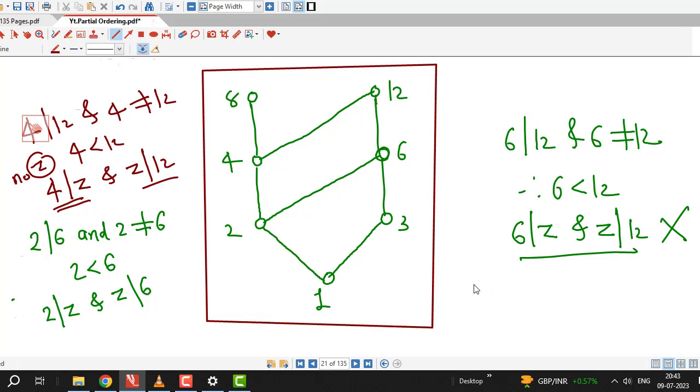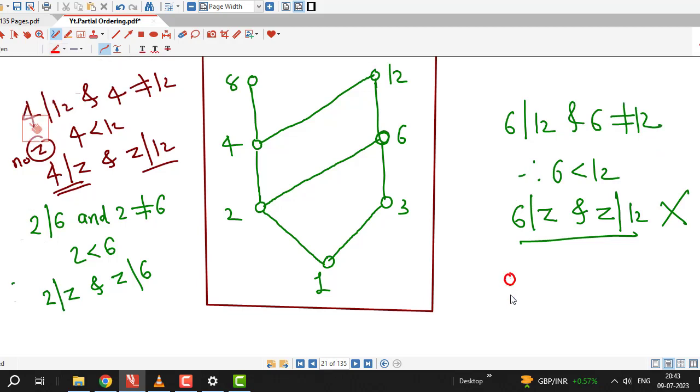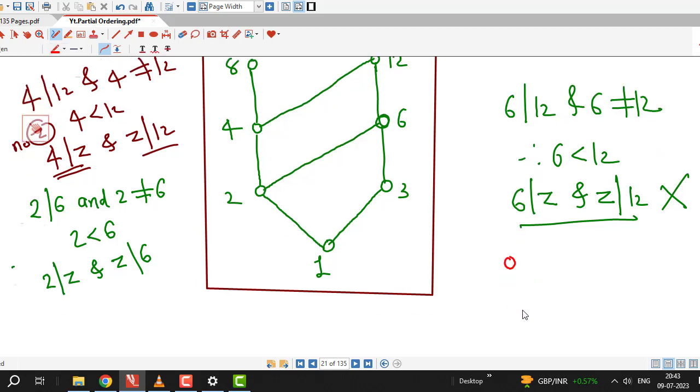So what we have to remember is that we have to draw the circles for every element of a given partially ordered set. Then we will consider the circle for x below the circle for y if x is related to y and x is not equal to y.